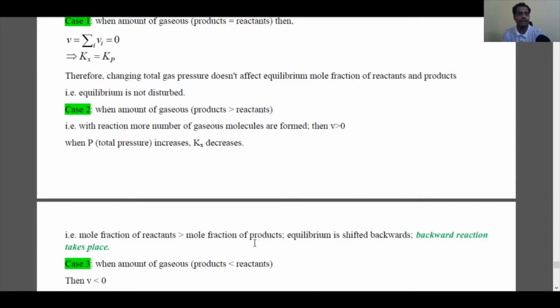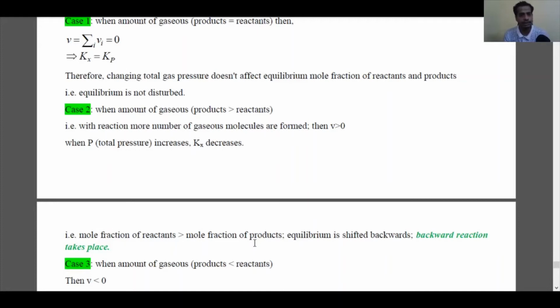Kx is the equilibrium constant in terms of mole fraction, mole fraction of products divided by mole fraction of reactants, each raised to their powers.